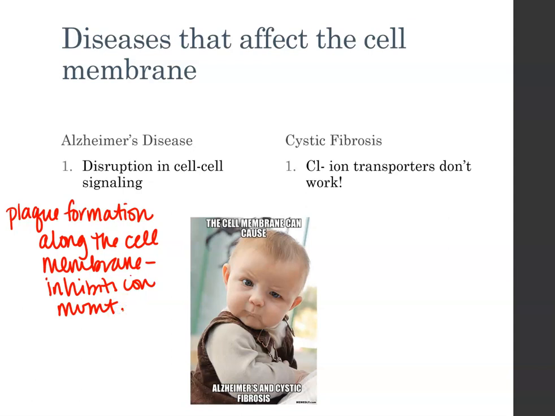Now, there's an additional product of this plaque that causes twisted molecular fibers inside the cell. So it's not just the cell membrane, but that's what we're focusing on here. And when it inhibits those ions, it also disrupts cell-to-cell signaling. Now, you probably know that Alzheimer's can be a really nasty disease, and the reason is that it leads to cell death.